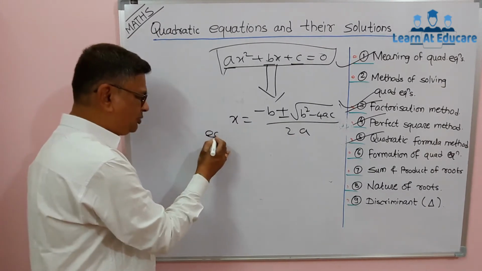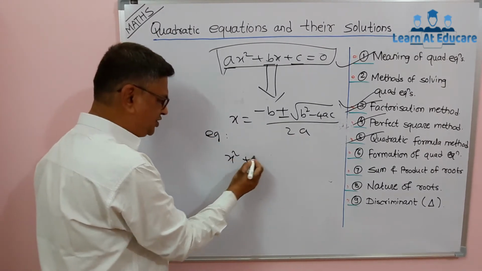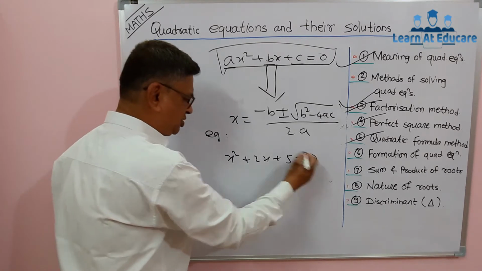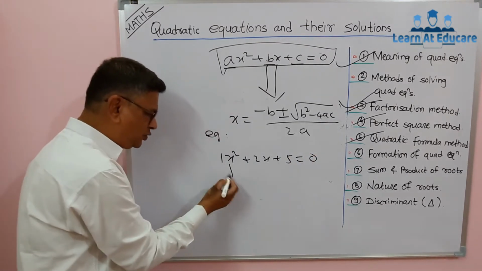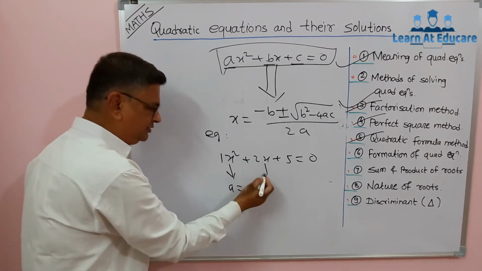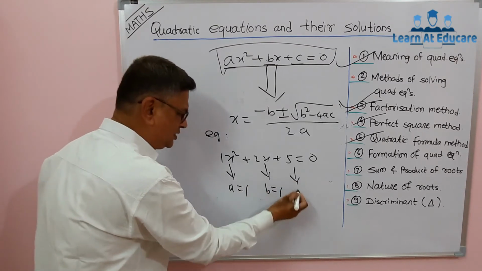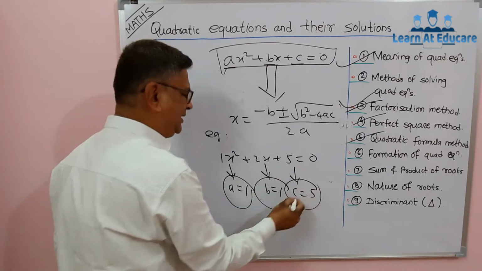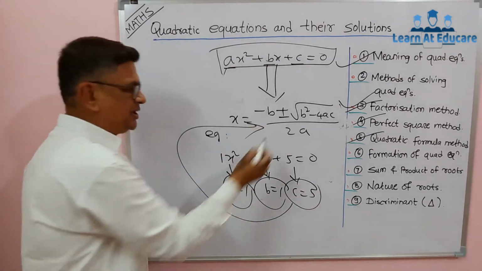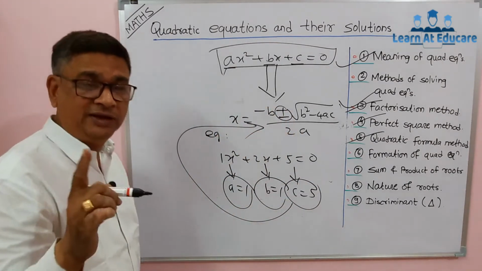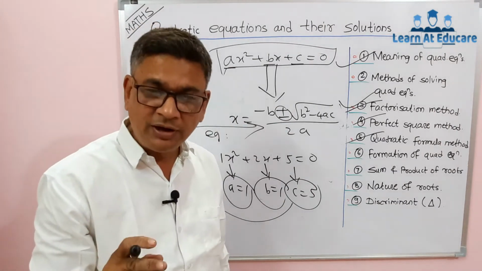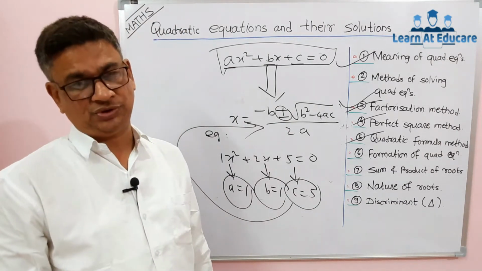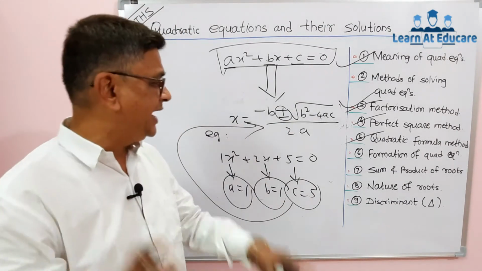How to use this formula? For example, you have the equation x² + 2x + 5 = 0. This has no coefficient, meaning a = 1. This has coefficient b = 2, and the constant c = 5. So if you put all these values of a, b, c there and separate at plus and minus, then you will get two roots. Remember, every quadratic equation has two roots.